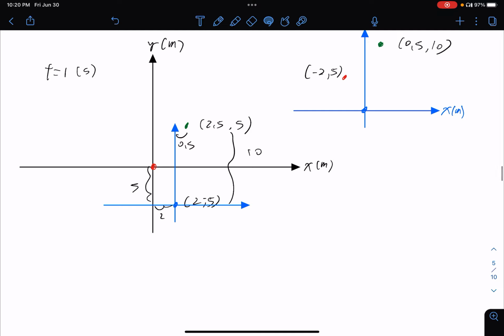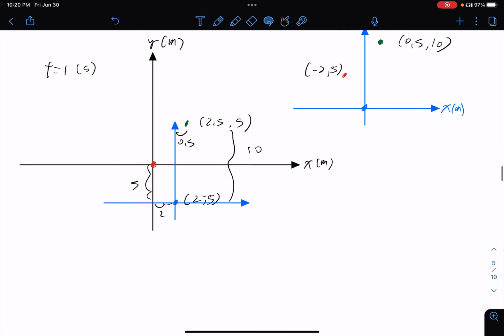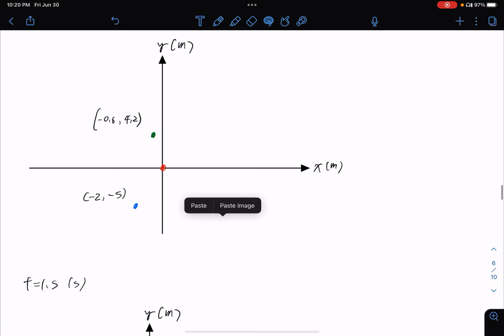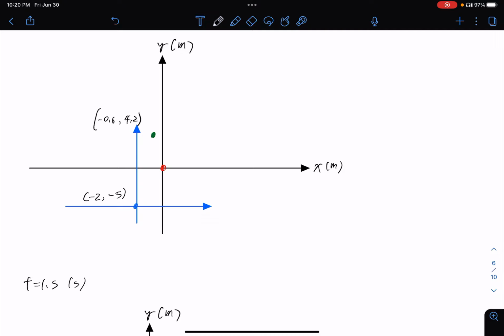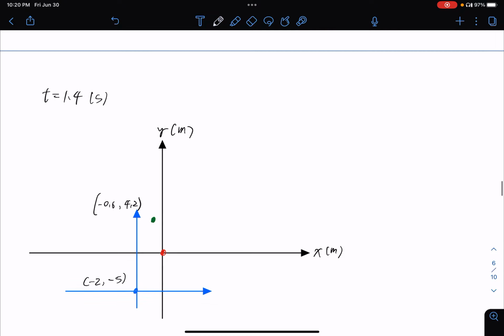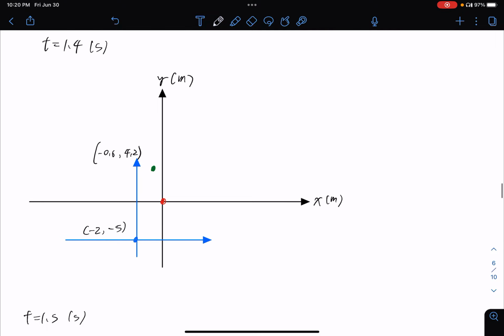Now we have t equals 1.4 over here. So now both of them are at the right hand side of the blue dot. Plot twist, yay. So minus 0.6 to minus 2, this is 1.4, and the y displacement is 9.2.